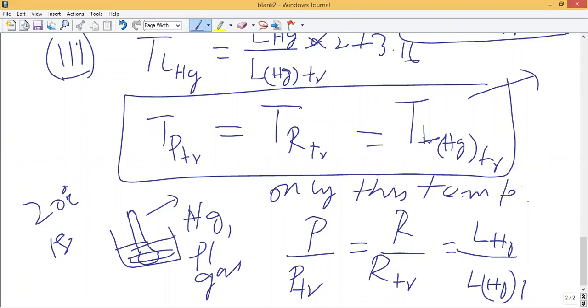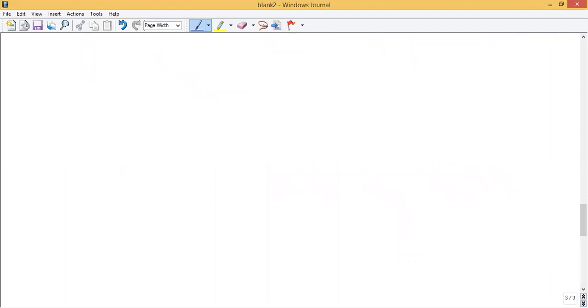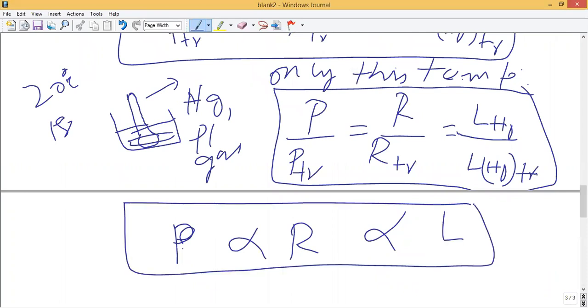Okay. So this means we could write it like that. So it means that pressure is directly proportional to resistance. Resistance is directly proportional to length.